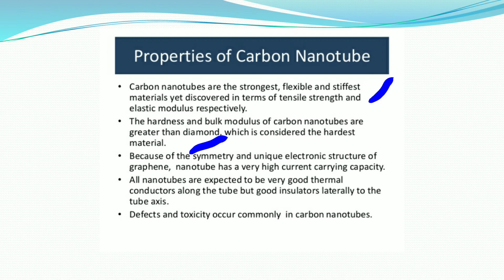Because of the symmetry and unique electronic structure of graphene, a nanotube has a very high current carrying capacity. All nanotubes are expected to be very good thermal conductors along the tube, but good insulators laterally to the tube axis. Defects and toxicity occur commonly in carbon nanotubes.